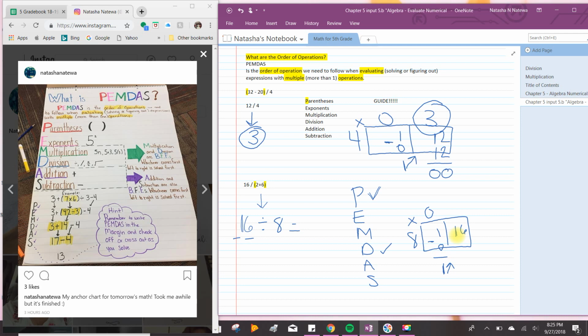It might be baggy, but we can get them to fit into it. Maybe two 8-year-olds can fit into 16 because 8 times 2 is 16. So we put the 16 down there. What's 16 minus 16? 0. We're done. So our answer is 2. 16 divided by 8 is 2.